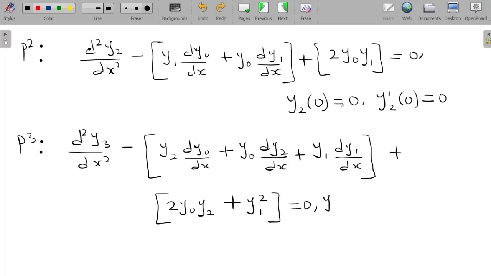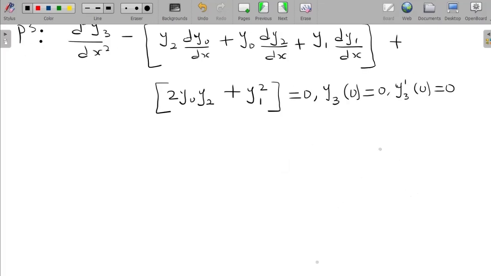Then the initial conditions can be written as y3(0) = 0 and y3'(0) = 0. So other terms can be obtained.